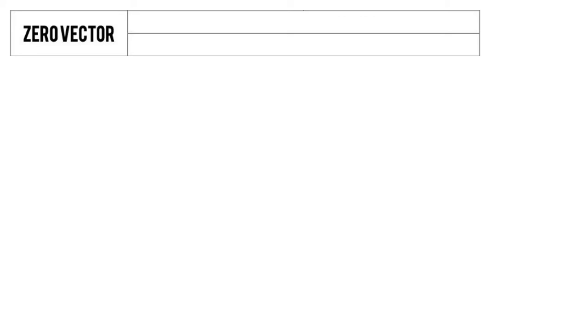This vector is going to be a vector with magnitude of 0.